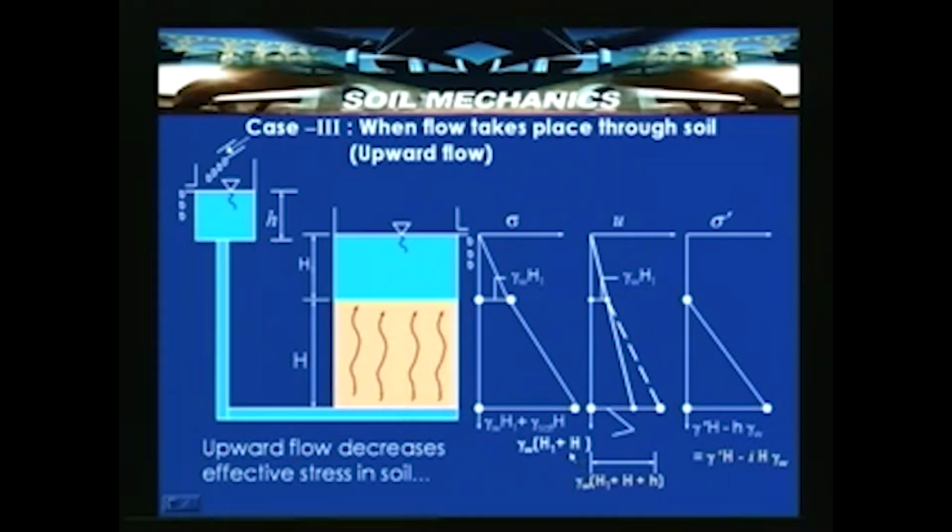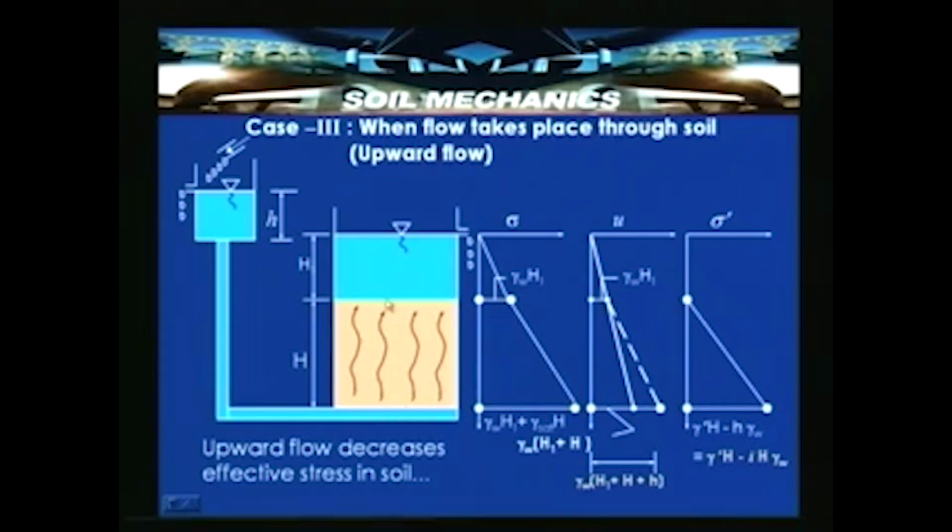So, the head which is driving the flow, the total head, if this is taken as the datum, is h plus h1 plus small h, which is nothing but gamma w into h1 plus capital H plus small h.